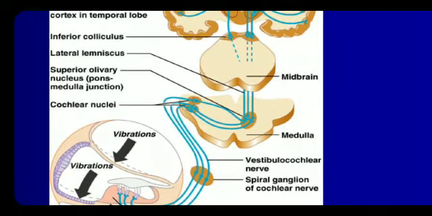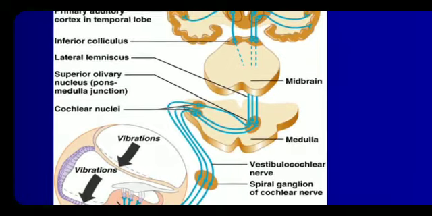So the third order neurons have their cell bodies in the superior olivary complex, and then also in the lateral lemniscus. So the nucleus of the lateral lemniscus refers to the collection of cells that lies within the lemniscus itself.